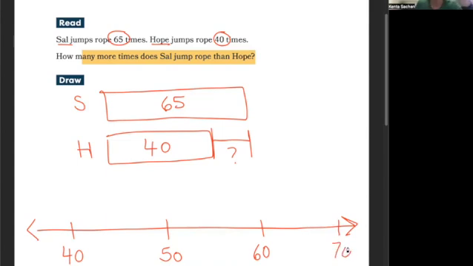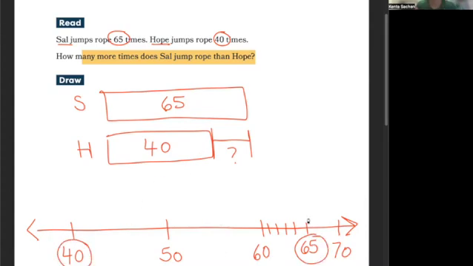Great. Now, I know that 65 is more than 60, but less than 70, right? So here I can start drawing my smaller lines to help me out. 61, 62, 63, 64, 65. And the numbers, again, I'm comparing, I'm going to circle them, is 65 and 40.